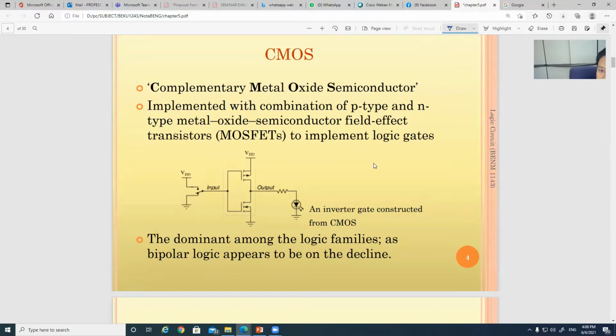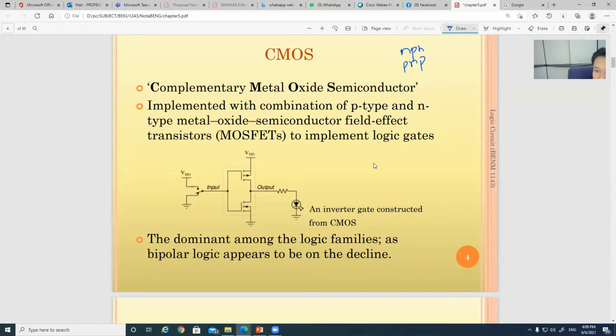This is similar to the transistor, which has two types, NPN and PNP. Likewise, CMOS has two types, P-type and N-type MOSFET, to implement the logic gate, as you can see in this circuit.